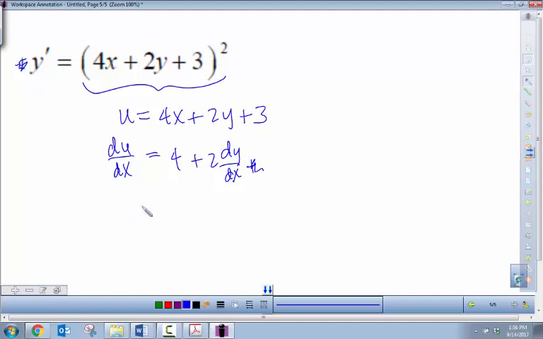And then I think I want to solve for this, dy/dx. I think I had an issue solving for this one time. I want du/dx minus 4 and divide that by 2. Let's see, 1/2 du/dx minus 2.